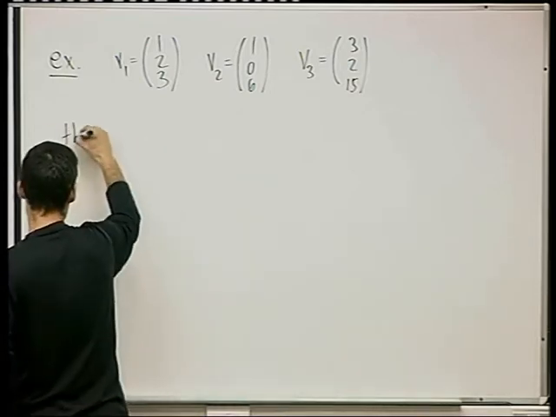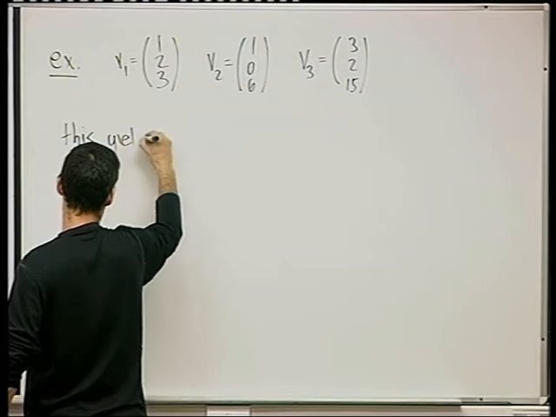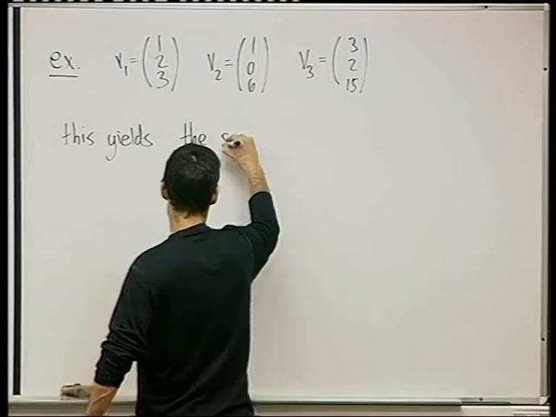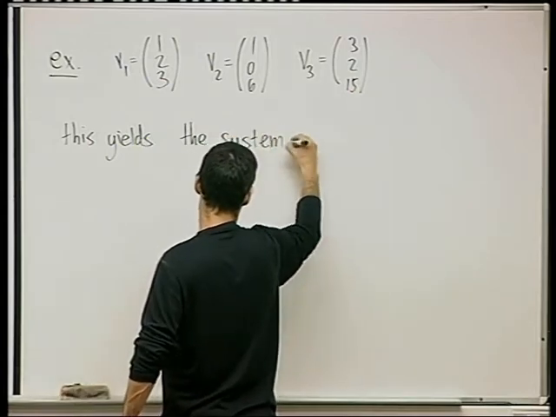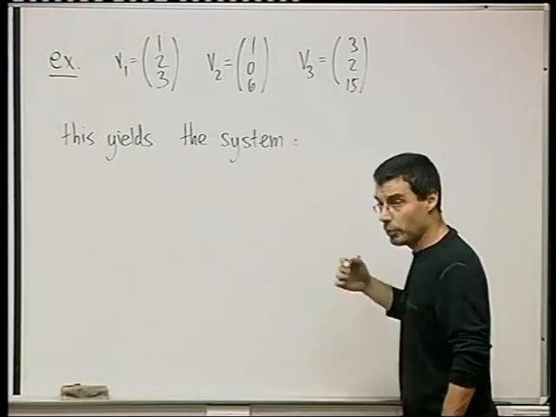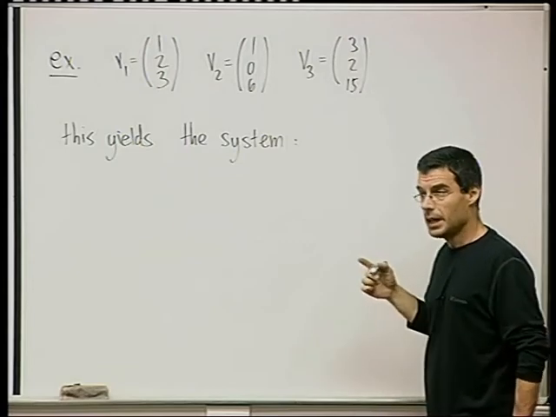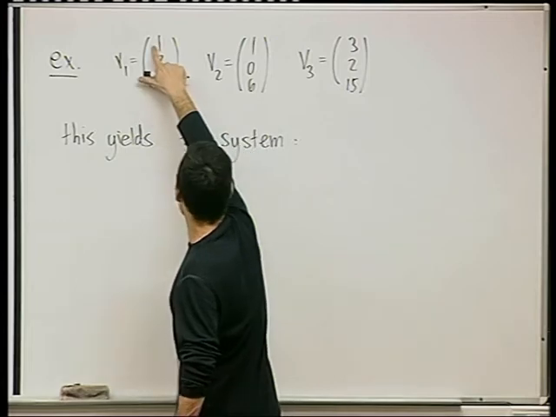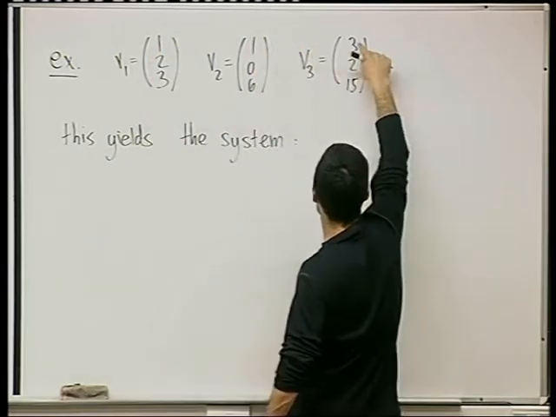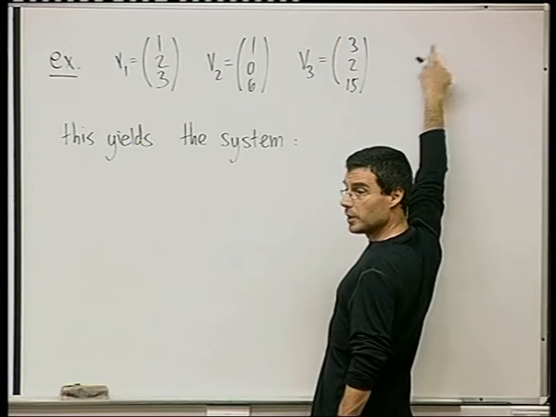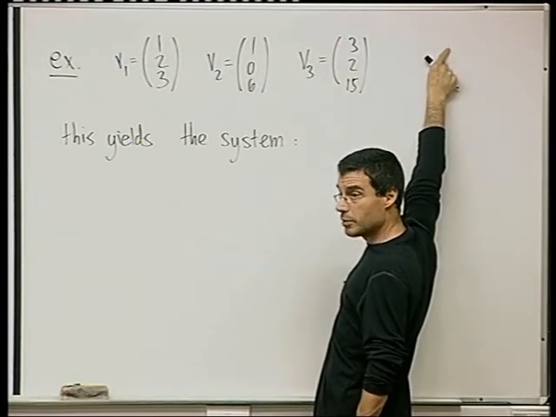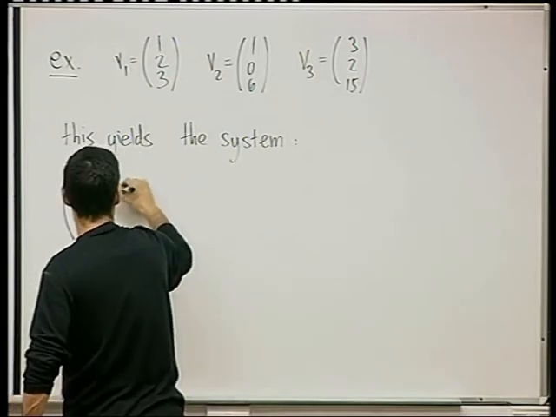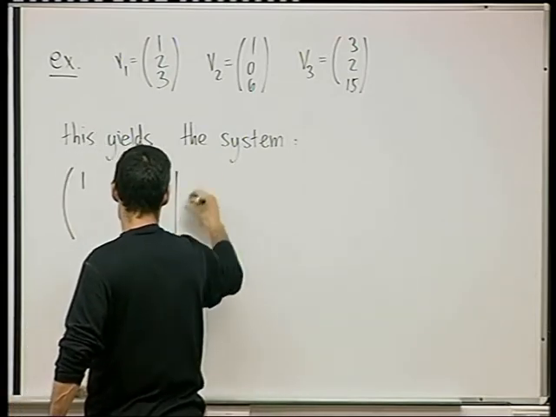So this yields the system, which I'm already going to express in matrix form. Okay, so it's going to be alpha 1 plus alpha 2 plus 3 alpha 3 equals 0. That's going to be the first equation, right? And that's going to be expressed as 1, 1, 3, 0.